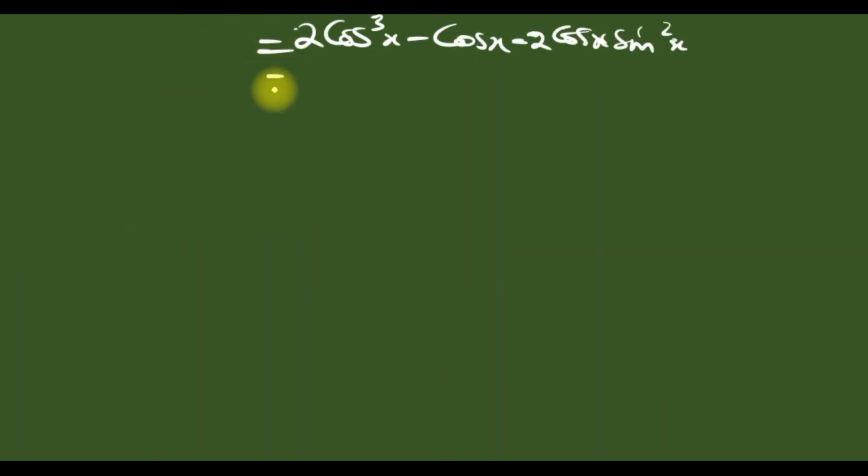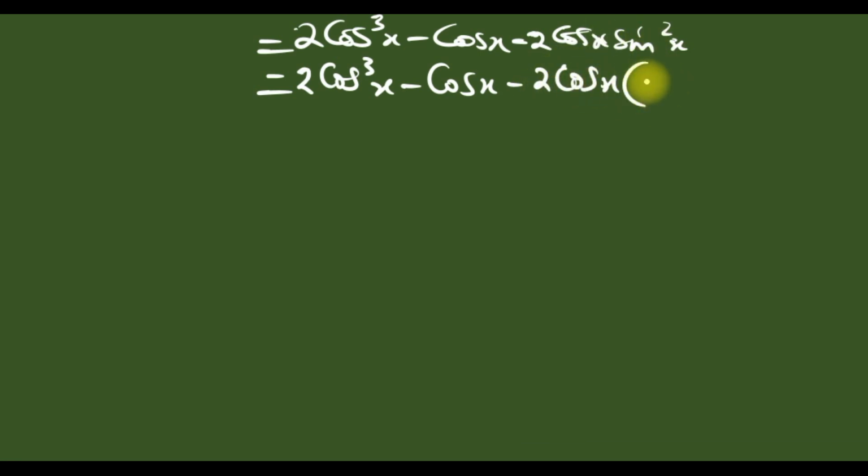Again, since we're on cos, we need to write sine in terms of cos. From our Pythagorean identity, sine squared x is now 1 minus cos squared x.